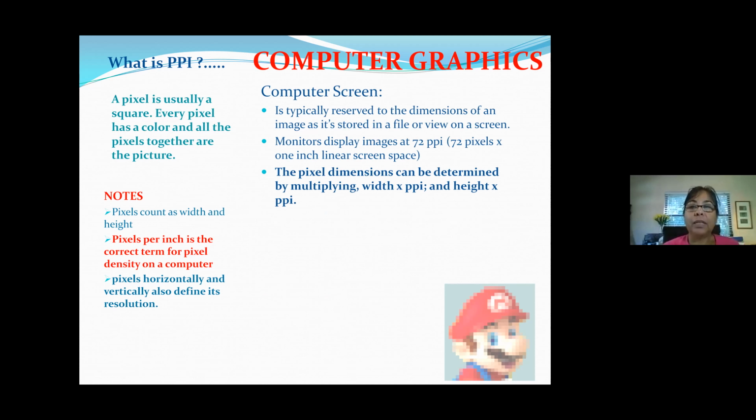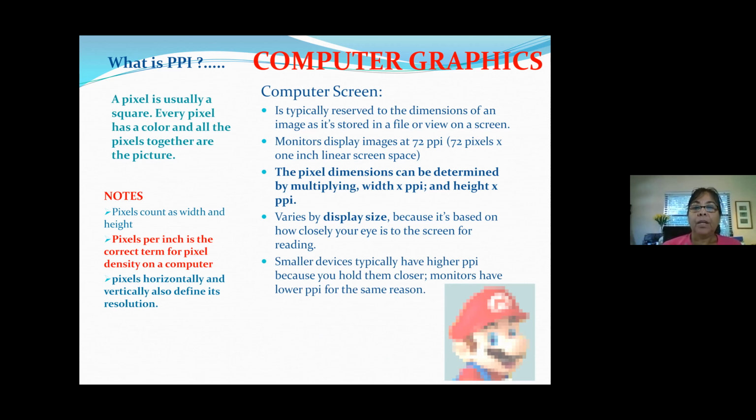That's how you will get the dimension of your image. It varies by display size, because it's based on how close your eye can see the image. Smaller devices typically, as I was saying, use higher PPI because they have to be held closer.